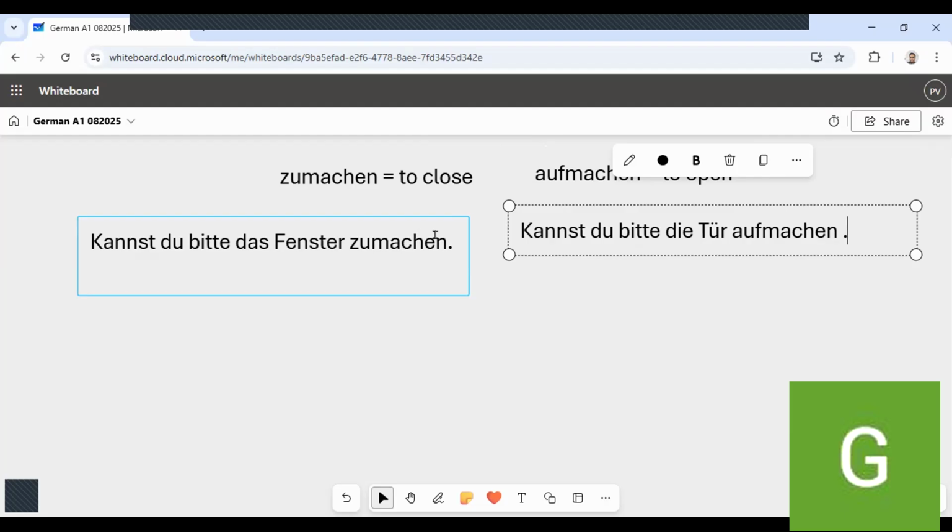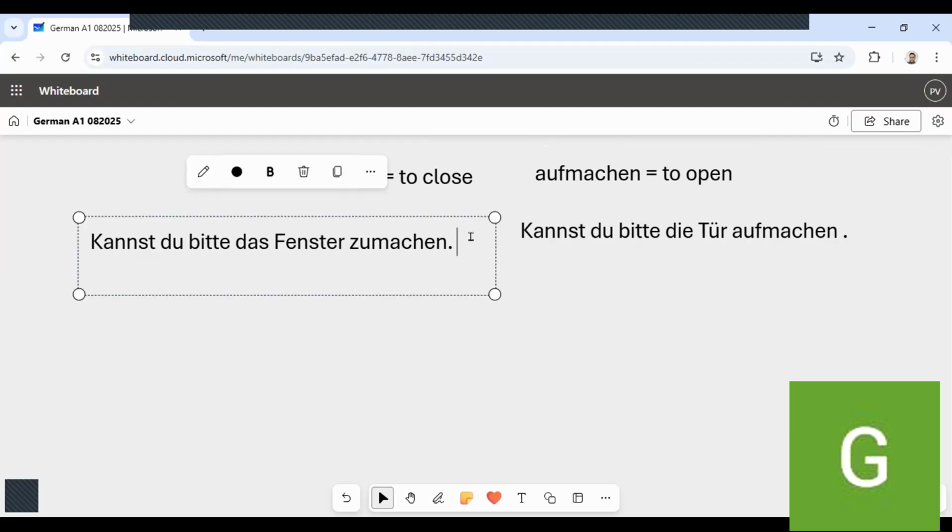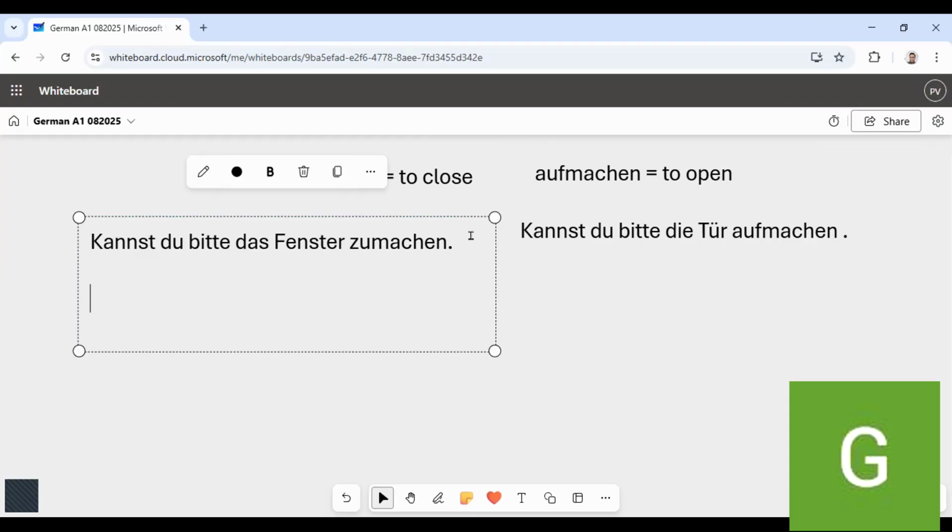Like if I ask you to frame a sentence, then please frame a sentence. Can you please close the door? So this is a formal way of saying close, right? Yeah, informal also or formal also you can do. Aufmachen is opening. Open, yeah.